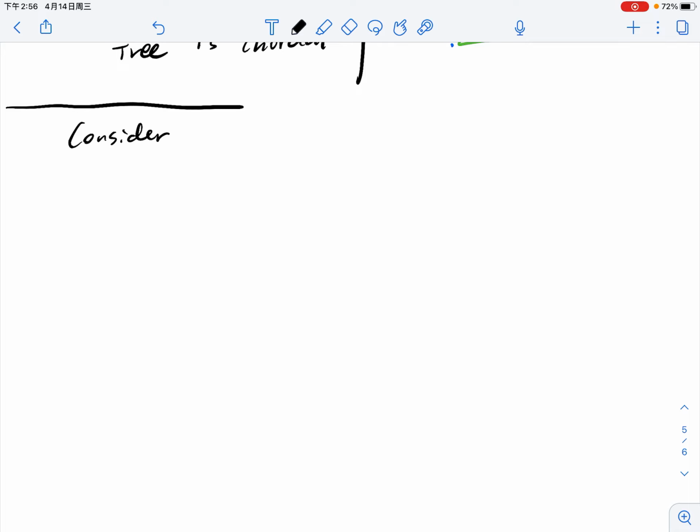It's called interval graphs. So consider AB as an interval.